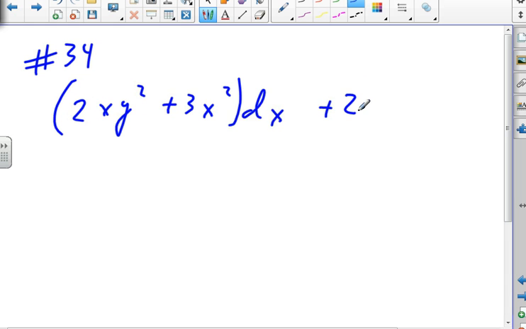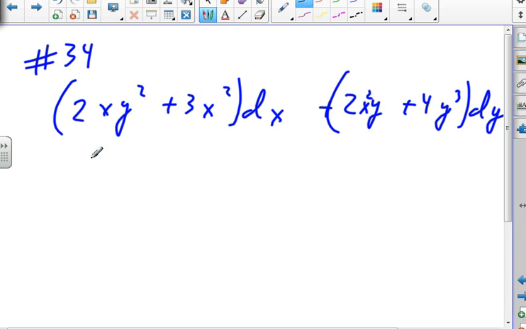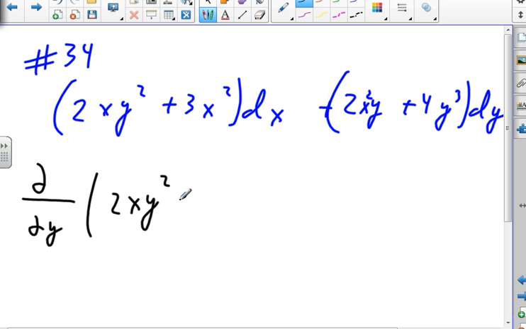Plus 2x squared y plus 4y cubed dy. All right, so I'm going to look at the partial with respect to y of 2xy squared plus 3x squared.